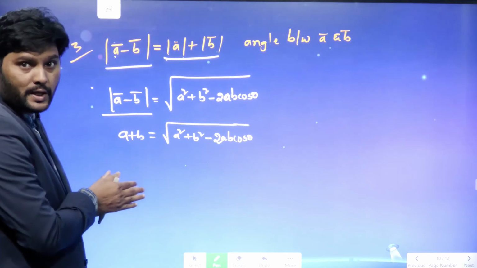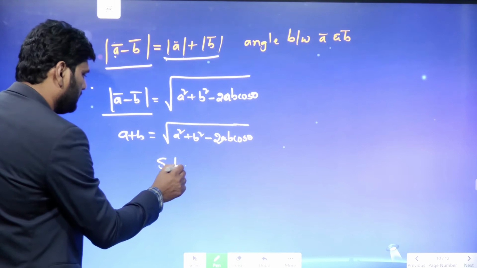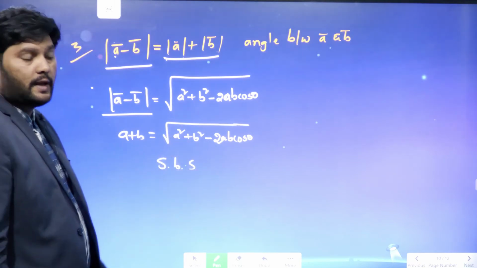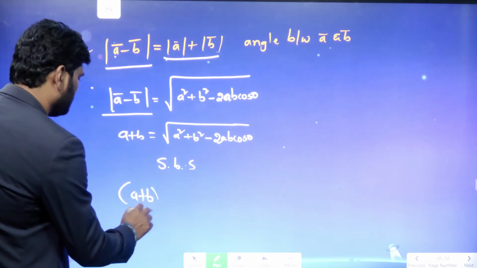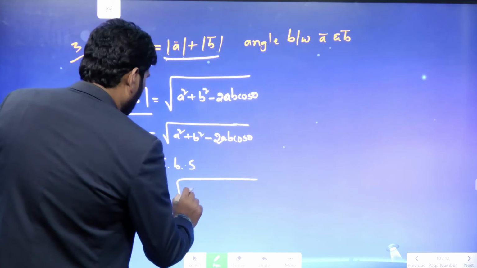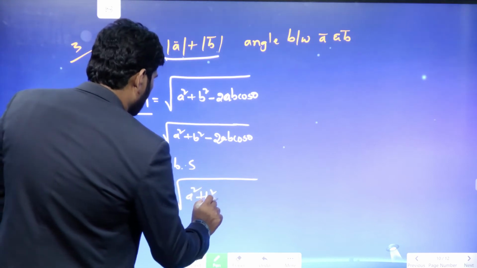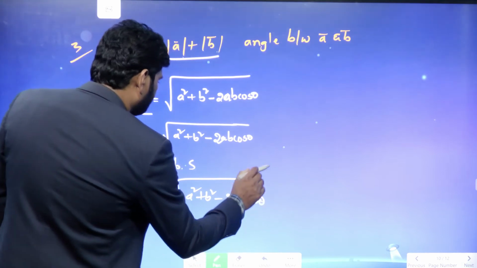Now what are we supposed to do here? Squaring on both sides. If you square both sides, this is a plus b whole square, and on the other side the square and the root get cancelled, leaving a square plus b square minus 2ab cos theta.